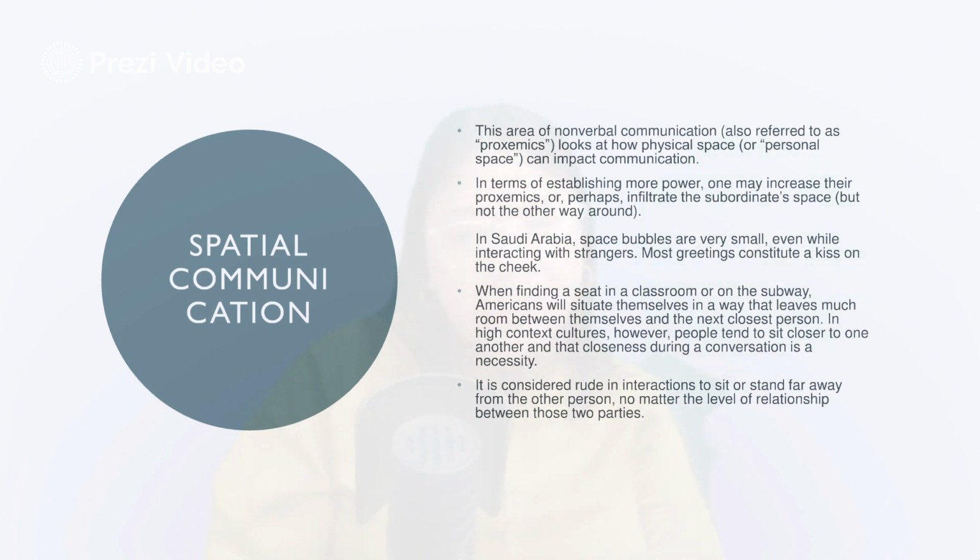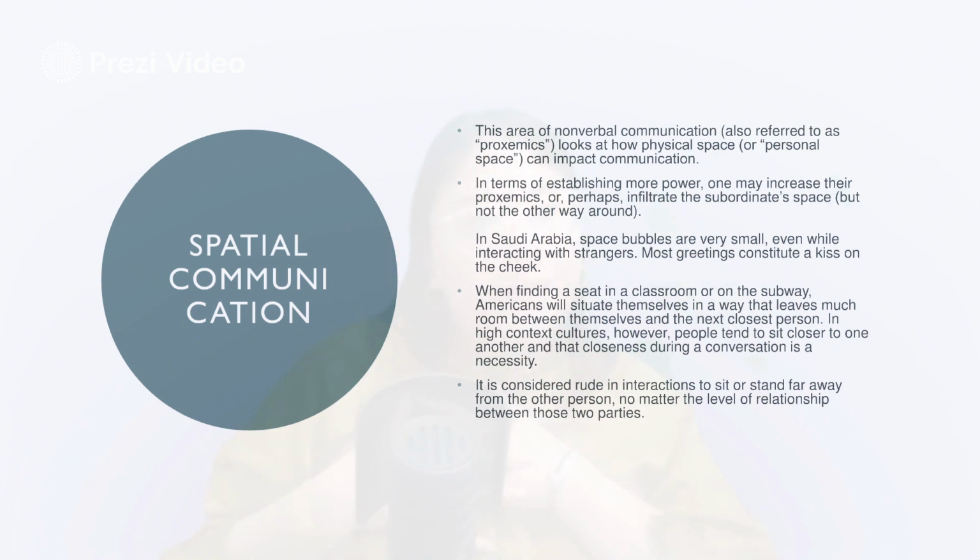Okay, for example, in Saudi Arabia, space bubbles are very small. Even while interacting with strangers, most greetings constitute a kiss on the cheek. All right, spatial communication actually refers to how physical space that we're having right now can impact communication.